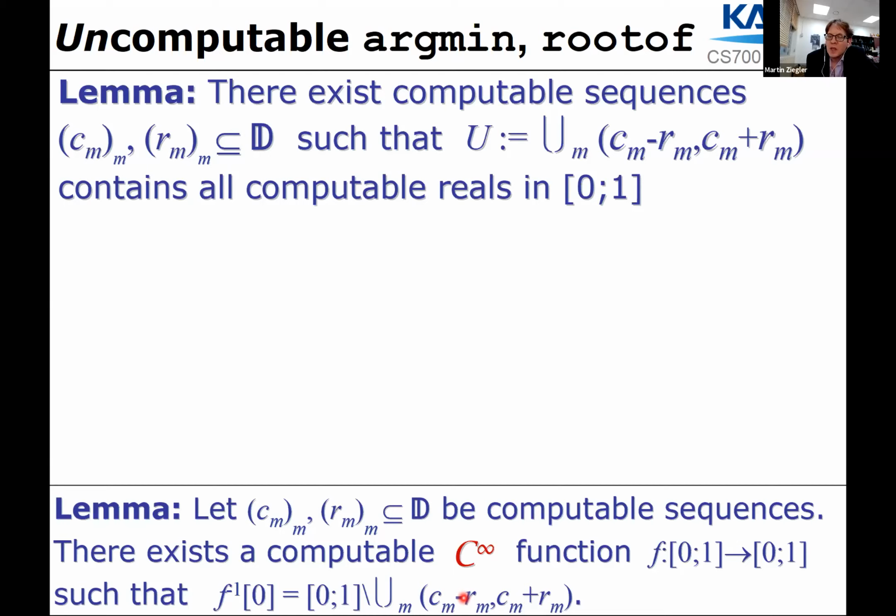By making the interval length decrease like 2 to the minus m, the total measure is at most the geometric series, which is 1 or 2. But by making the intervals even smaller, like 3 to the minus m, 4 to the minus m, 1700 to the minus m, we can make the measure of the open set that covers the countable set arbitrarily small.